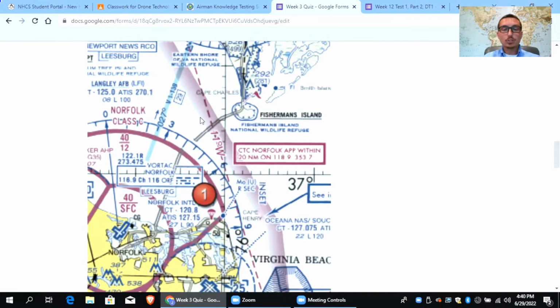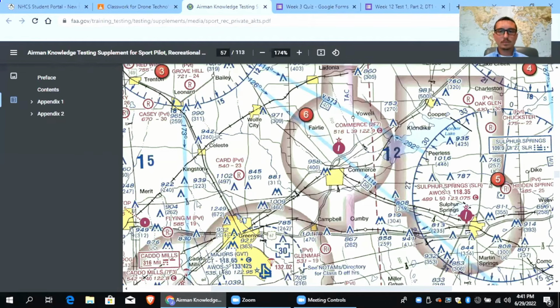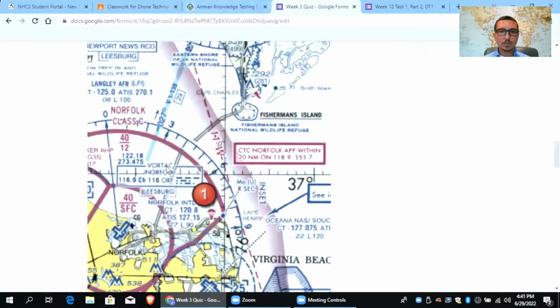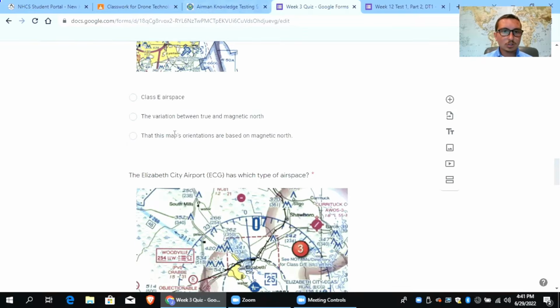And over time, it will change too. So in this spot, there's an 11-degree variance between true north and magnetic north. Notice the longitude lines are based on true north, whereas this is the magnetic north. So that's the variation. All right. So the variation between true and magnetic north.